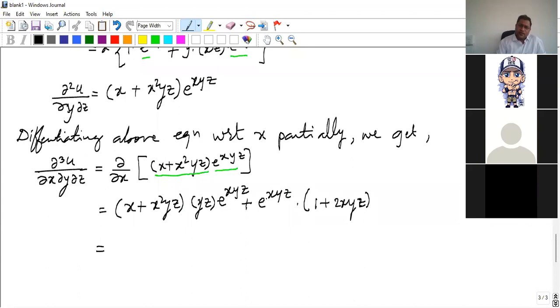Now we can have this term common, so we have to multiply by this. So you'll be having xyz plus x²y²z². Plus, what is the term you'll be having here? 1 plus 2xyz, and this xyz is going to be common. Now simplify.